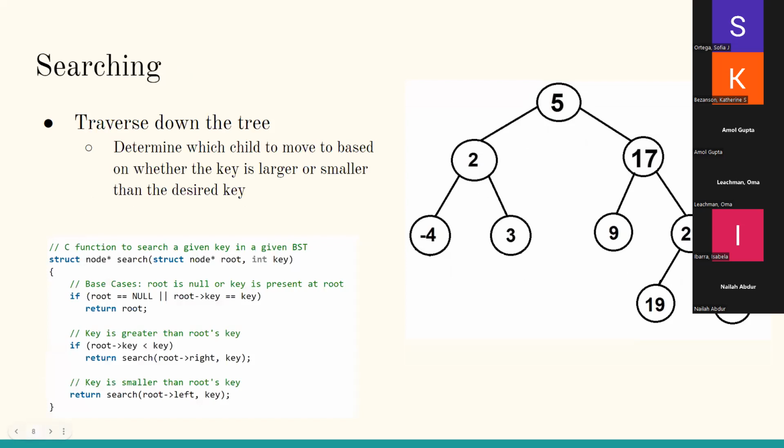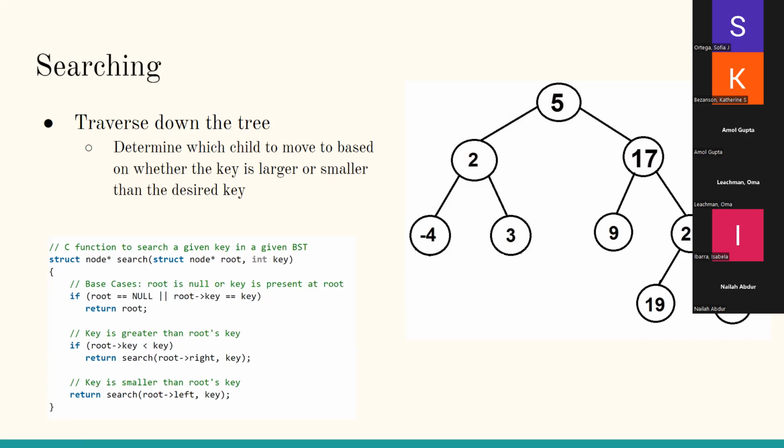So searching, you're traversing down the tree. You determine which child to move to based on whether the key is larger or smaller than the desired key, the key being the element of the node. I put a quick little piece of code that you can reference there.